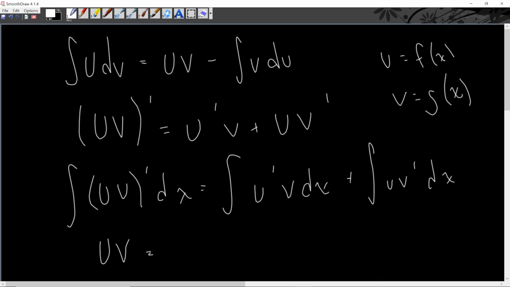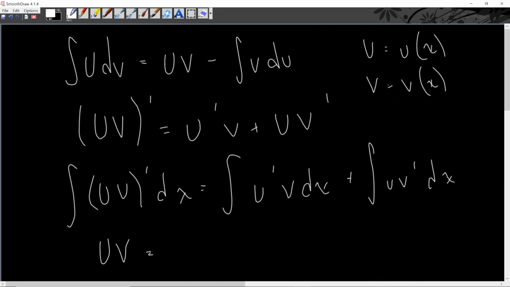Well, we actually don't need to change any of this. Let's not use f of x and g of x. Let's use u of x and v of x, so it'll be easier to see what we're about to do. And v equals v of x.